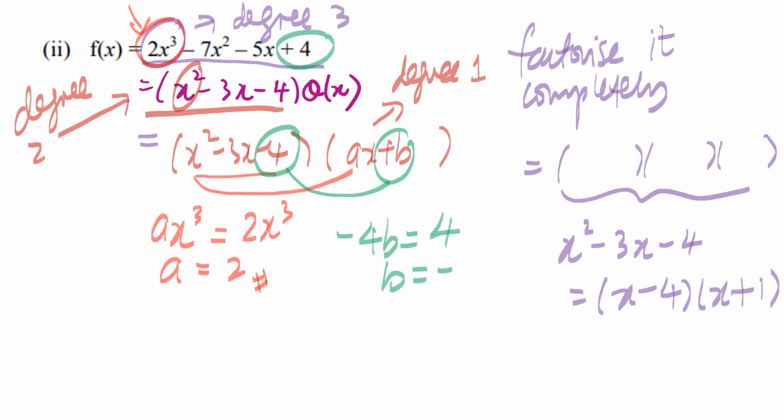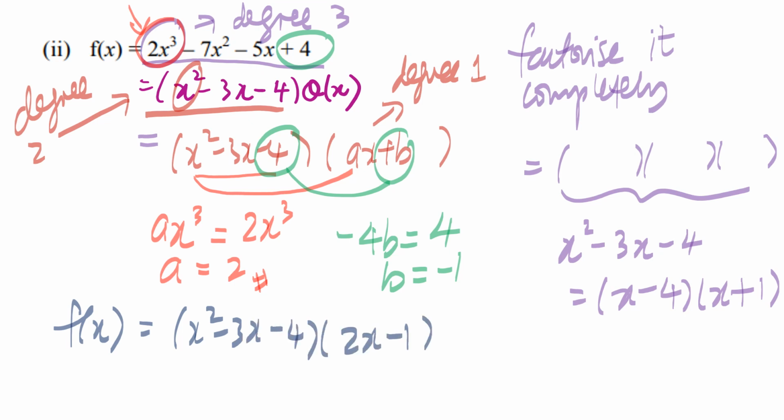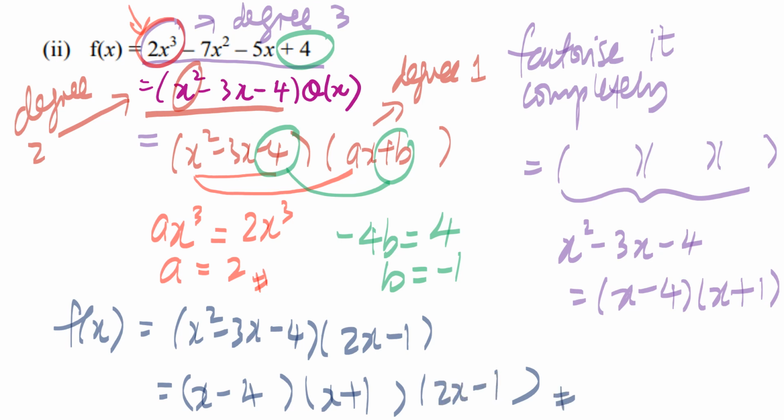So b is negative 1. Therefore your f of x can be factorized into x squared minus 3x minus 4 multiplied by 2x minus 1. But this is still not factorized completely. Remember, factorized completely means they must be all in linear factors. So x squared minus 3x minus 4 you can factorize into x minus 4, x plus 1, and then 2x minus 1. This is what it means to factorize it completely: 3 linear factors there.